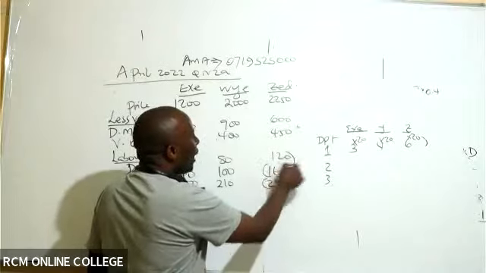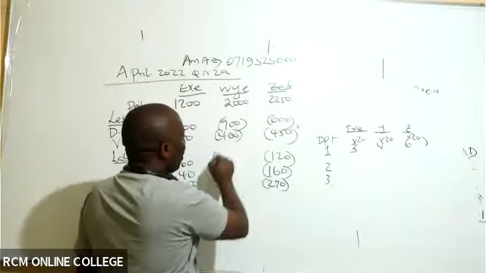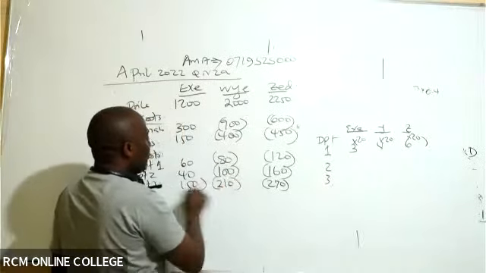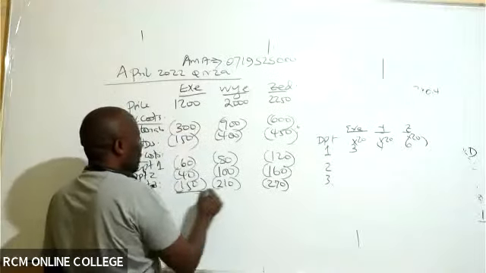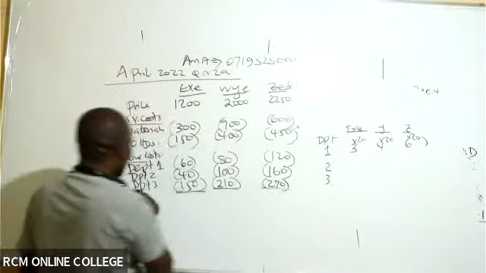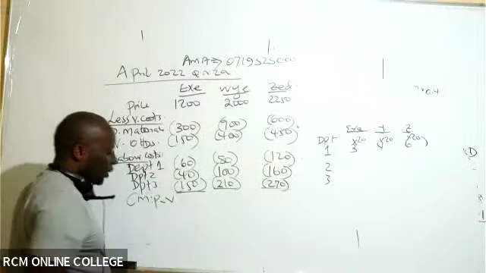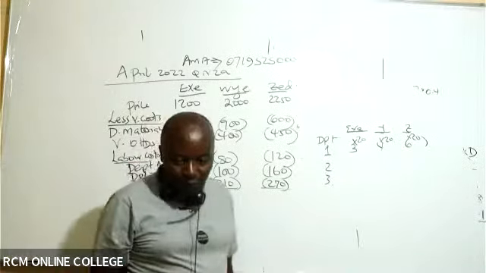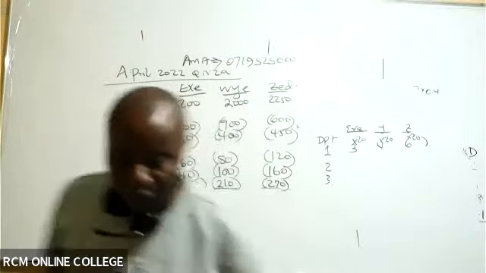So go ahead and subtract all these expenditures, all the variable expenses, from the selling prices, for you to give us the contribution margin, which is selling price minus all variable costs.